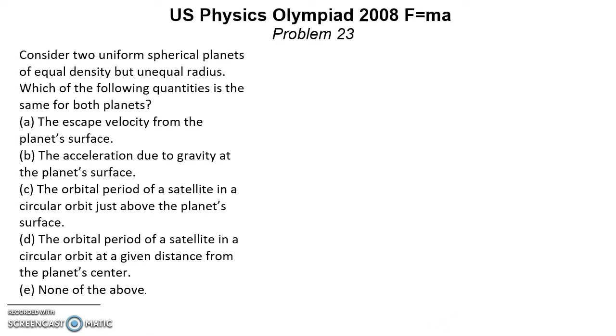Let's see. First of all, we need to count the mass of this planet using the equation: mass equals volume multiplied by density. After that we can find the force of gravity right on the surface of this planet.